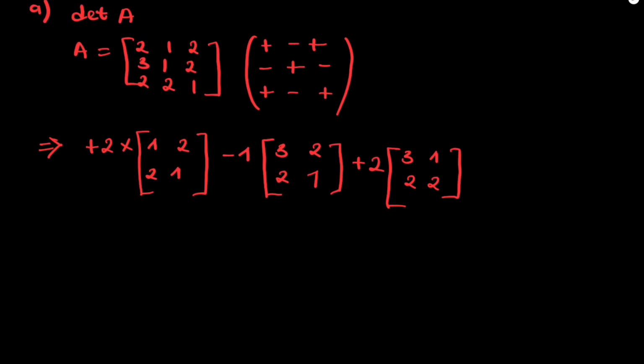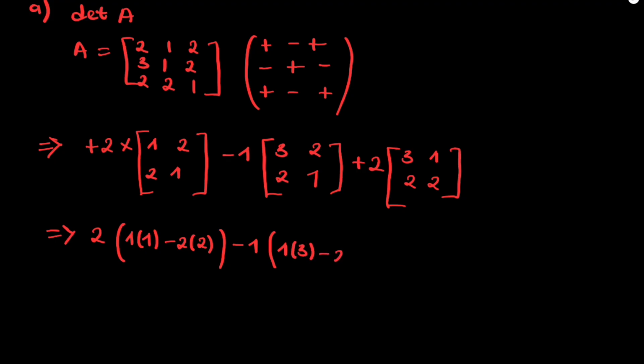Okay, so now we simplify. We have positive 2 times the determinant of a 2 by 2 matrix: 1 times 1 minus 2 times 2. Minus 1, take the determinant again: 1 times 3 minus 2 times 2.